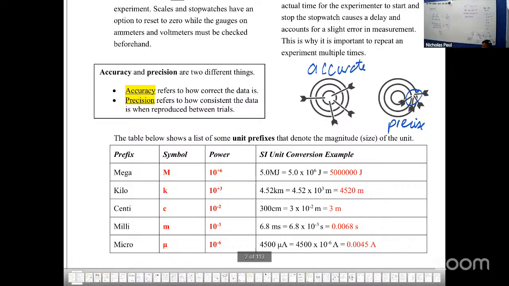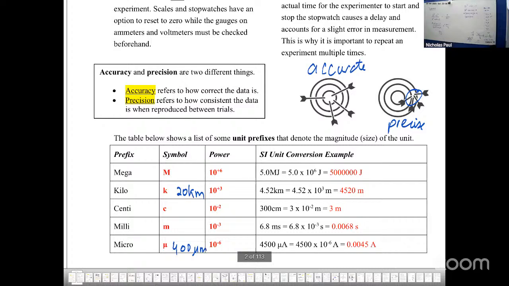So as an example, write this down. Find the area for a rectangle, given that its length is 20 kilometers, and its width is 400 micrometers.